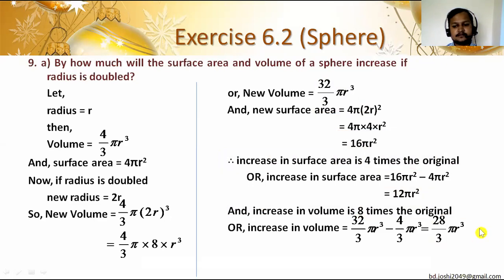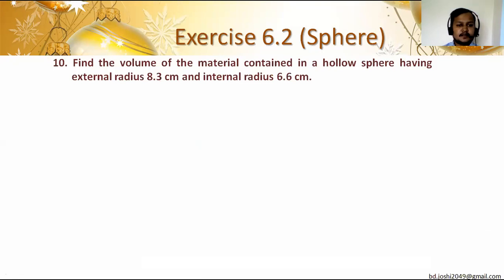Now look at the next one. Question number 10. Find the volume of material contained in a hollow sphere having external radius 8.3 centimeter and internal radius 6.6 centimeter. Just we have to use the formula here for material contained in a hollow spherical shell.